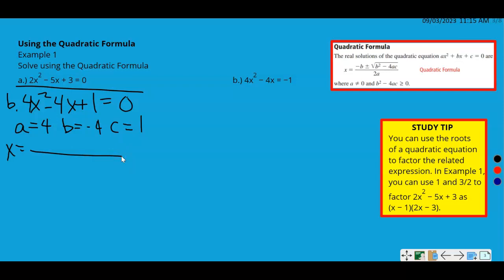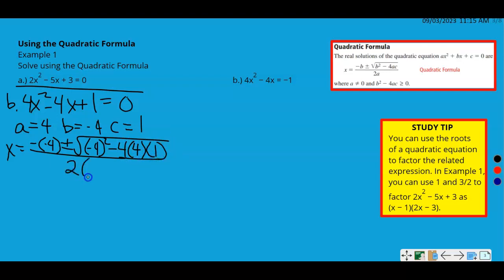So I'm going to have negative negative 4 and then plus or minus the square root of b squared minus 4 times a times c.